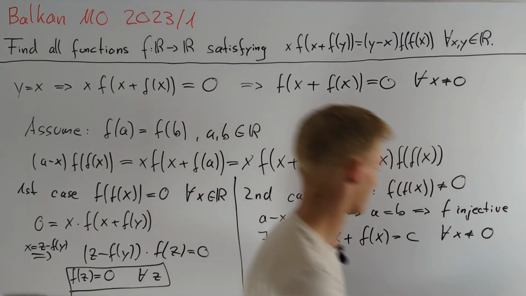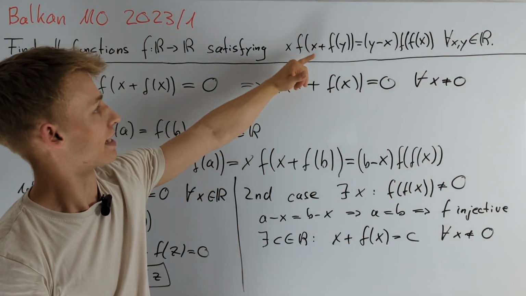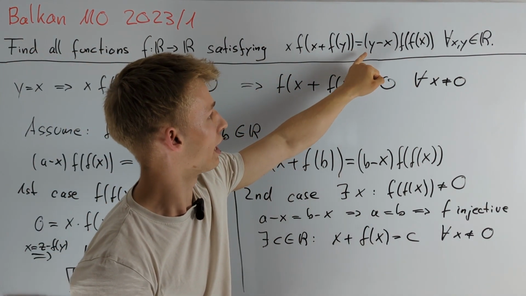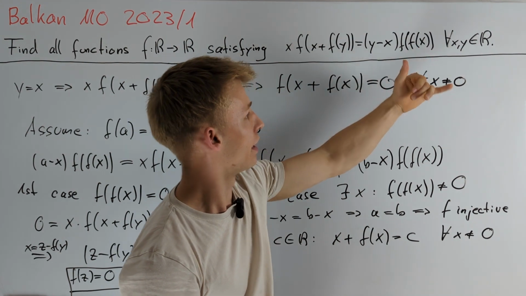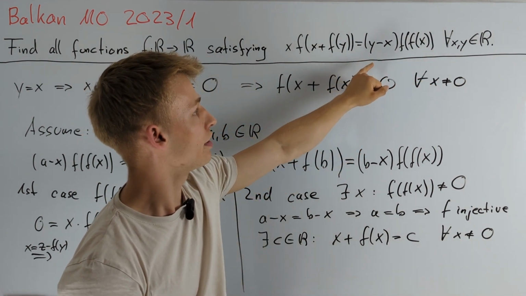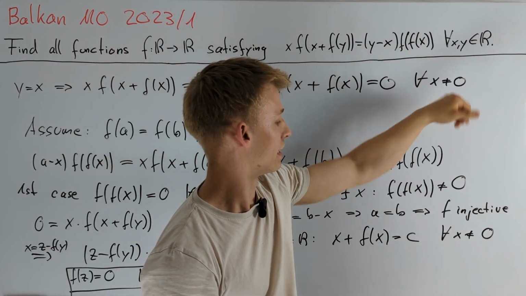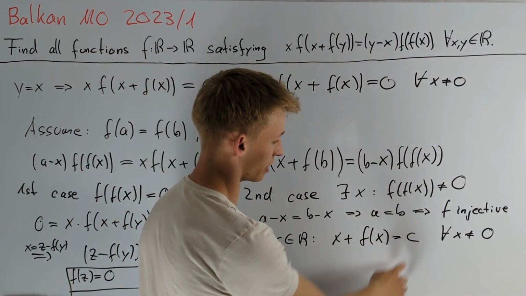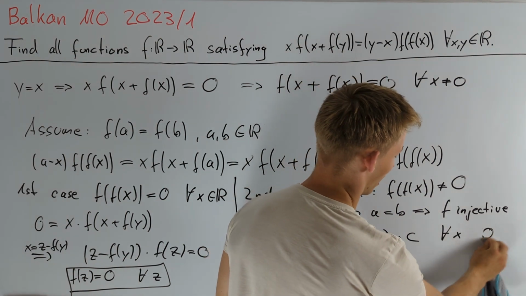For the case that x is equal to 0, the left hand side in our equation is also equal to 0, and on the right hand side we have y times f of 0. Now, taking y to be equal to 1, we know that f of 0 is equal to 0, and therefore f of 0 must also be equal to c. So this holds for every x.